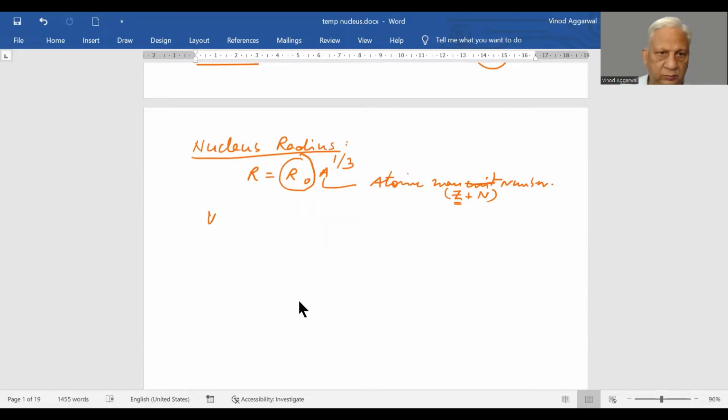Now, the volume of nucleus will be 4/3 pi R cubed, taking R from here.